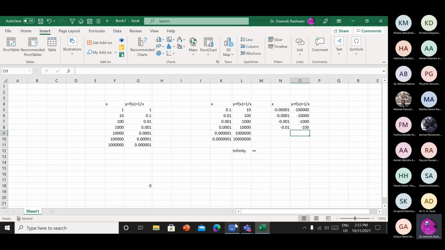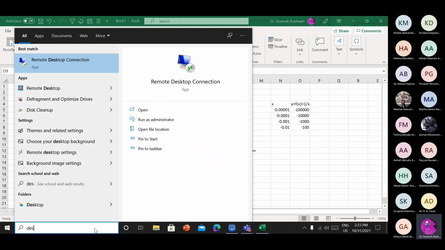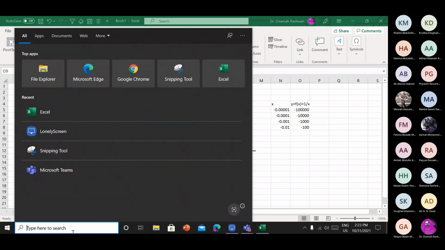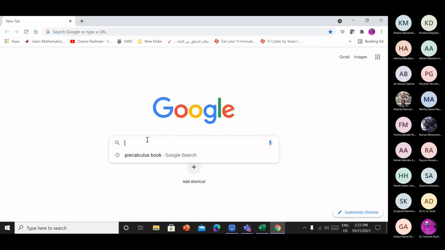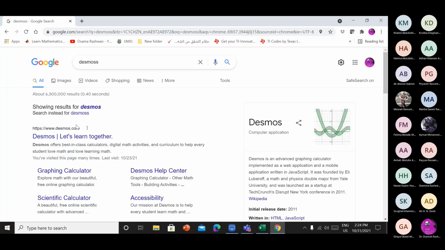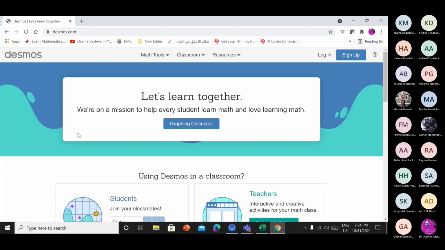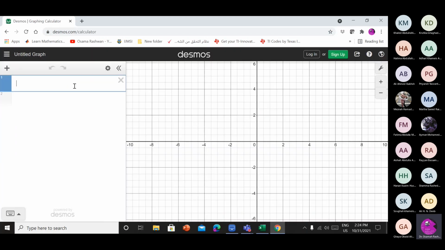Okay. So let's go for this one and graph this one. If you would like to graph 1 over x without graphing the table, just f of x equal to 1 over x.